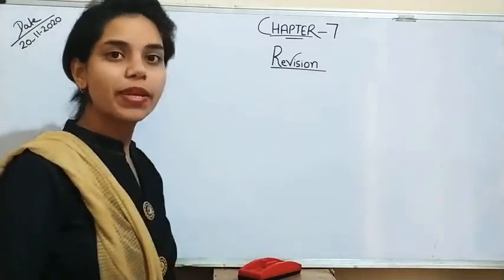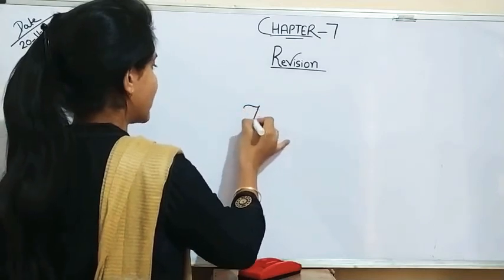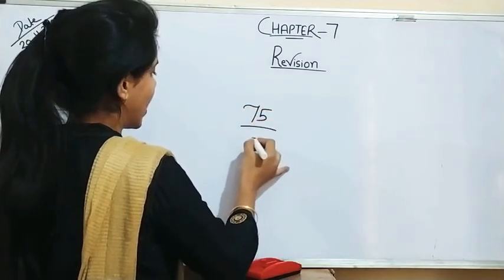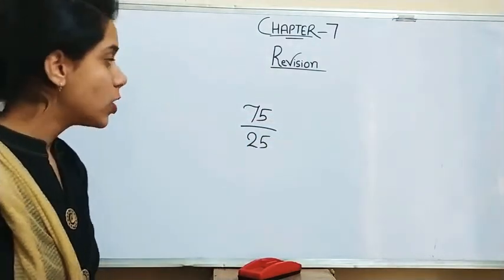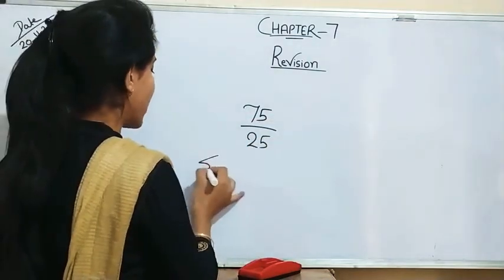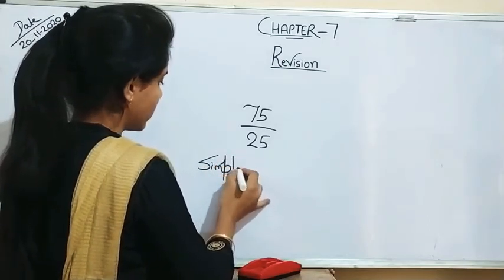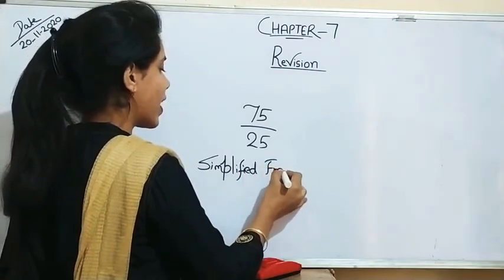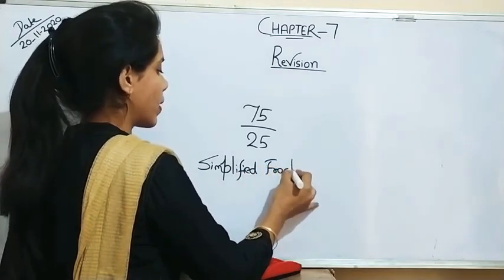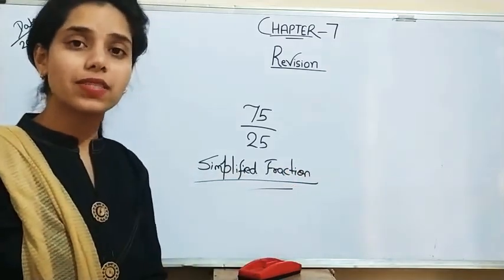Now, what is a simplified fraction? Suppose there is a number like 75 given and 25 given. 75 by 25. So how do you get the simplified fraction? Simplified fraction means their common factor is only 1.